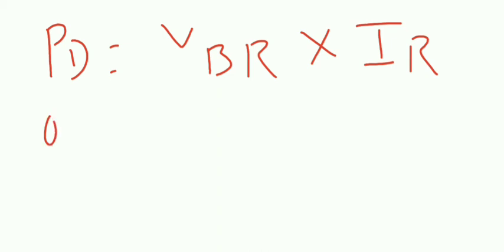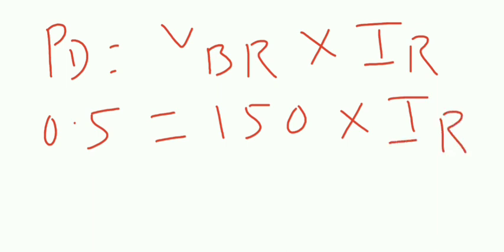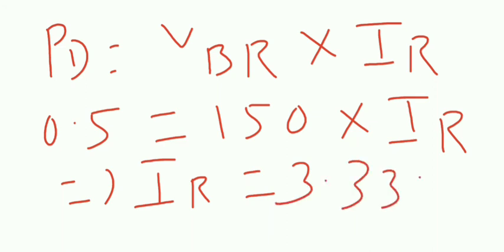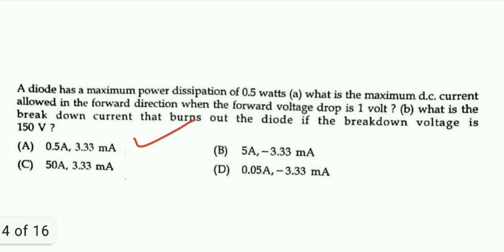We know that PD is 0.5 and breakdown voltage is 150, and IR we have to find, the current that burns out the diode. So this implies IR is equal to 0.5 divided by 150, that will be equal to 3.33 milliampere. So option A is the right answer, right? From the first part itself we found option A is correct. In exam we don't need to do this, anyway we checked and we proved that option A is perfectly correct, right?